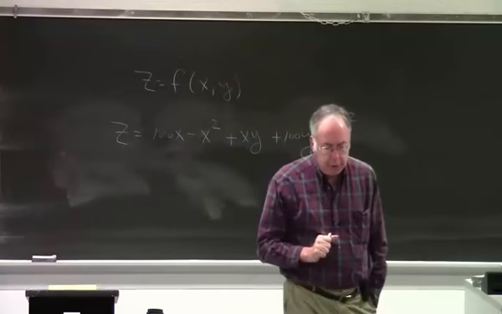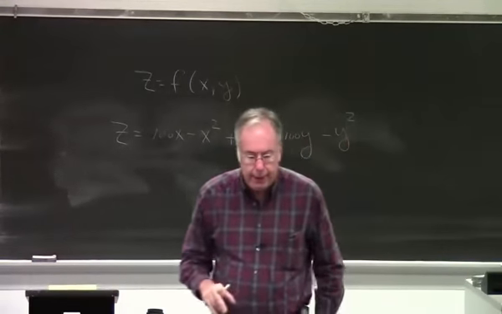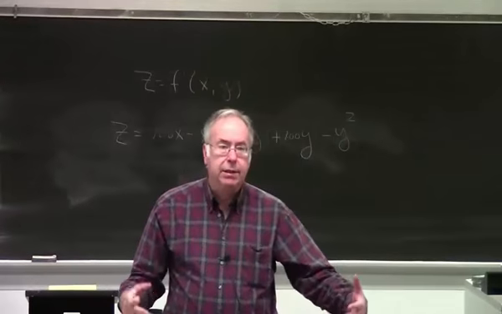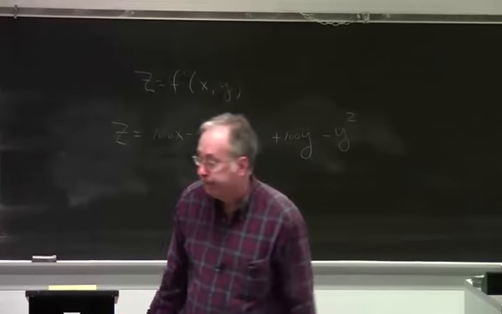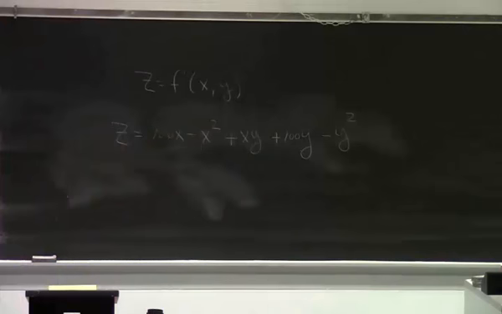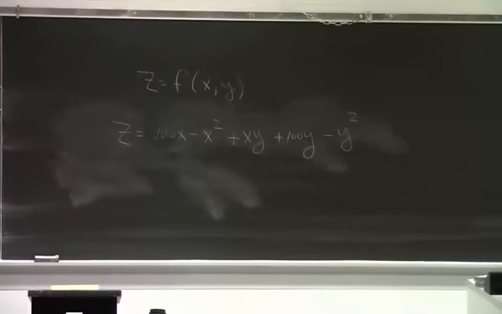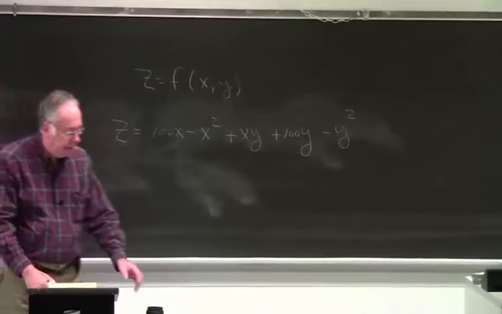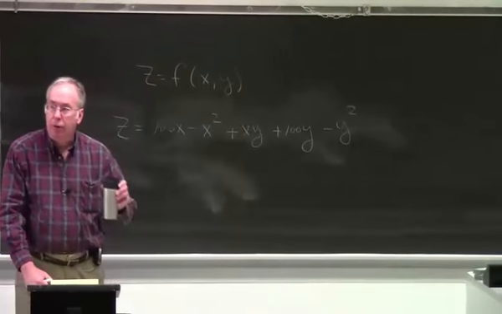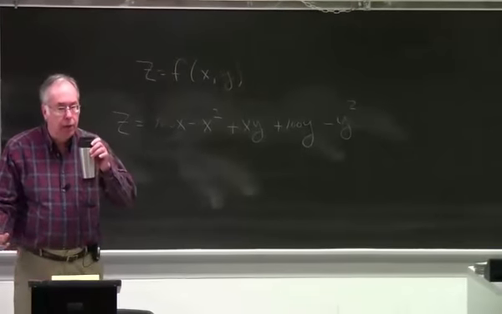For this function, we want to find its maximum or minimum. So how would we proceed? We want to find if this function has a maximum or a minimum. How would you begin?